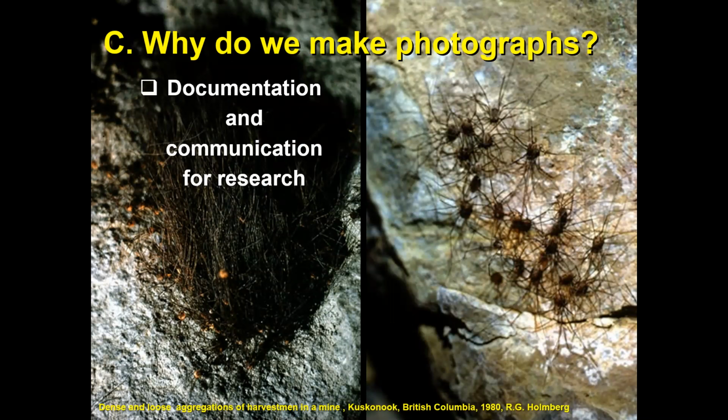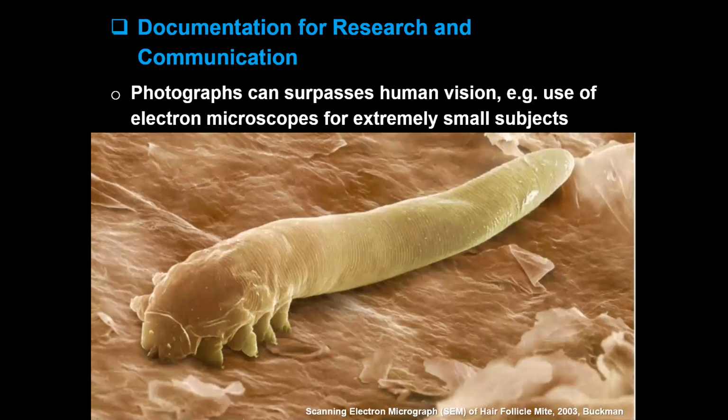I am a biologist, and in science, we often use photography for documentation and communication about research. And these are daddy longlegs or harvestmen overwintering in mines and caves. And then we take photographs of things that our eyes cannot see directly, and this is an electron microscope image of a very small follicle mite that inhabits the eyebrows of people.